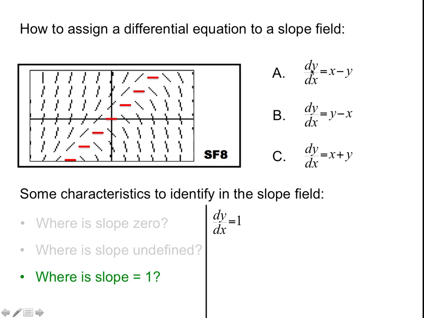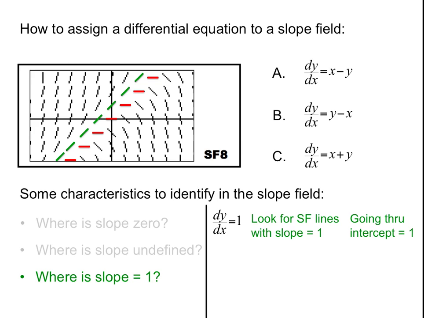So you can picture a 1 here, a 1 here, and a 1 here. If we look at where the slope is 1, these slope lines cross the y-axis here, going through the y-intercept equals 1.